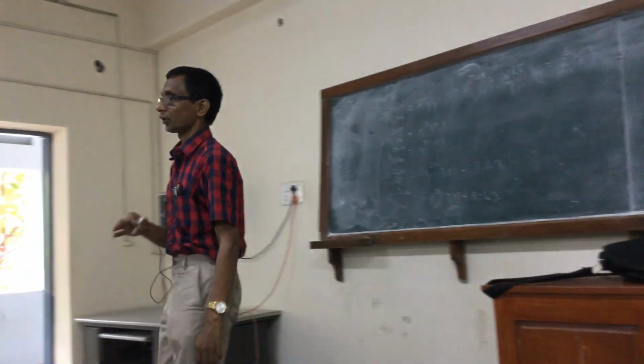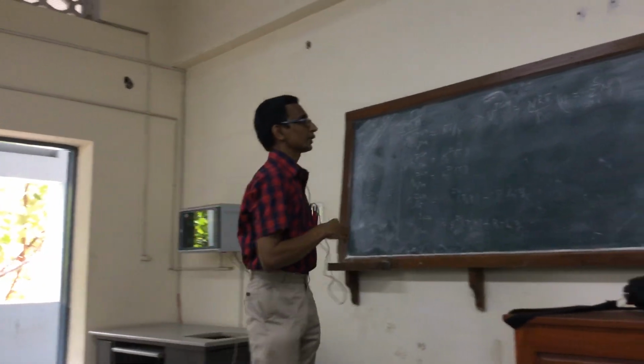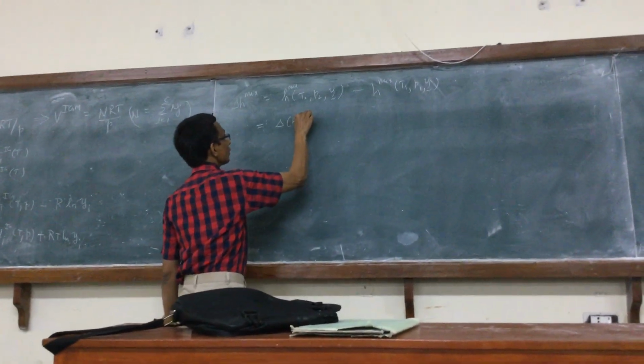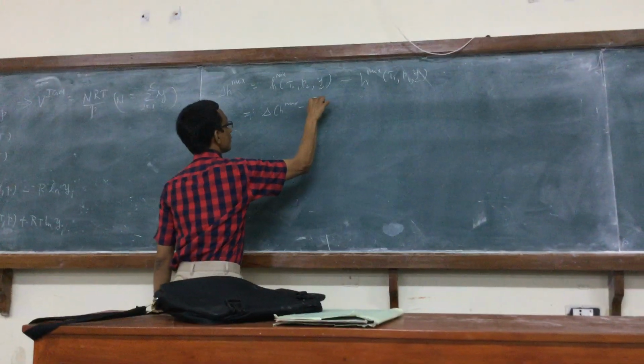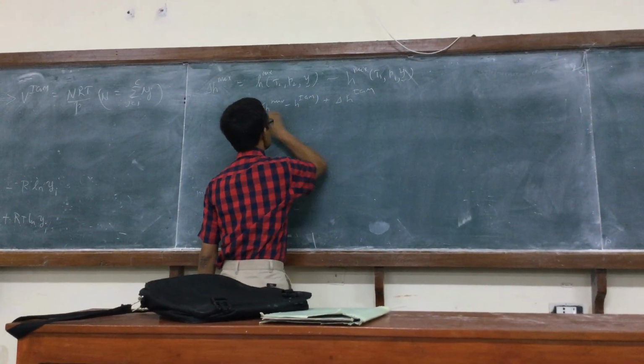Now we are back to the level of any mixture, not necessarily an ideal gas mixture. We said that I can write this as delta of H. We have already seen how to do this.